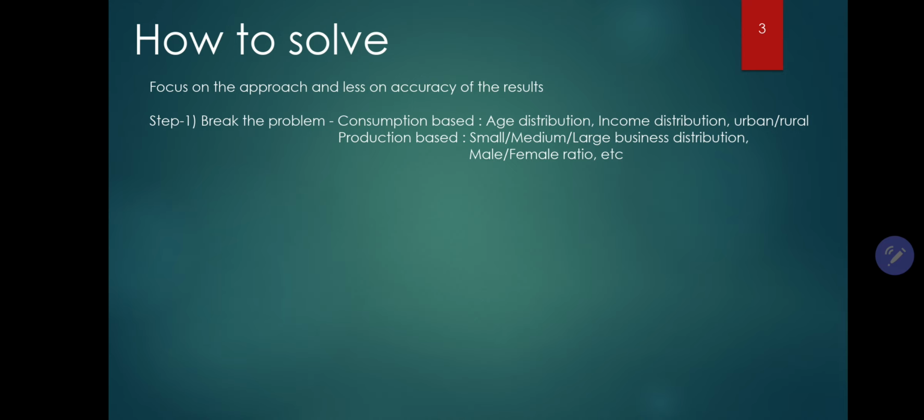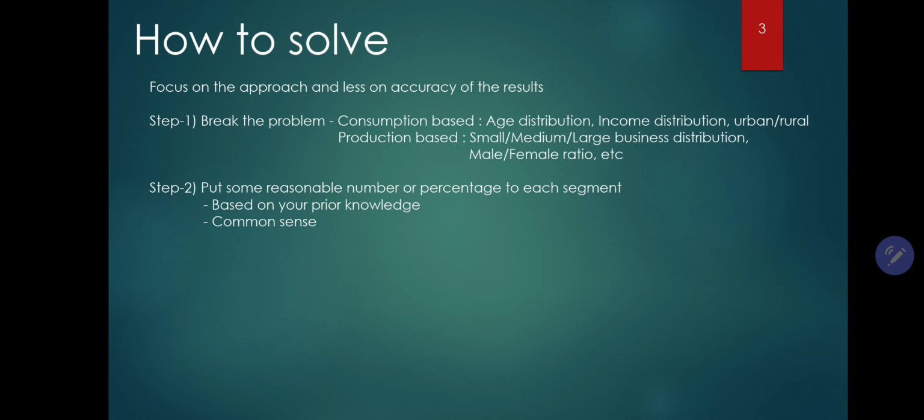So let's say small, medium and large size businesses distribution in your country, or you can also use male to female ratio, etc. You can have as many distributions as you want, but for simplicity or in general use cases we use these distributions more often.